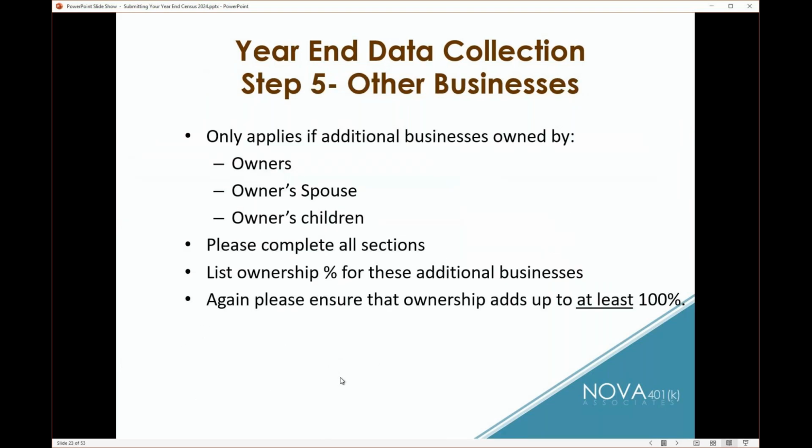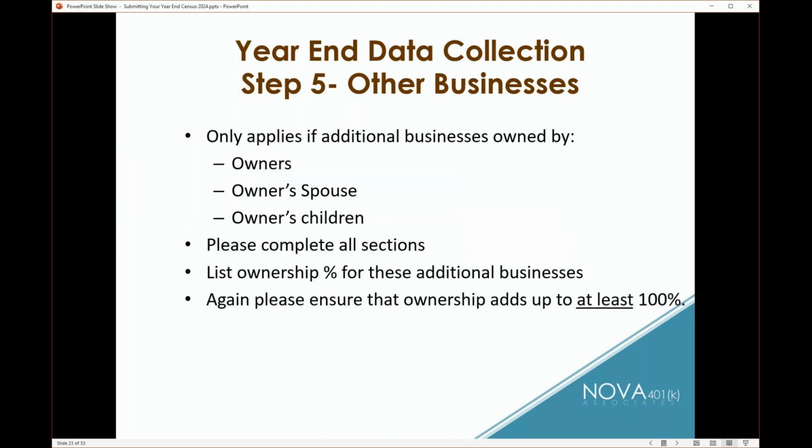Step 5, other businesses. Again, this has to do with being able to do our job correctly. We need to know if the owners of the company that's sponsoring the 401k plan, and or their spouses or children, own any other businesses.